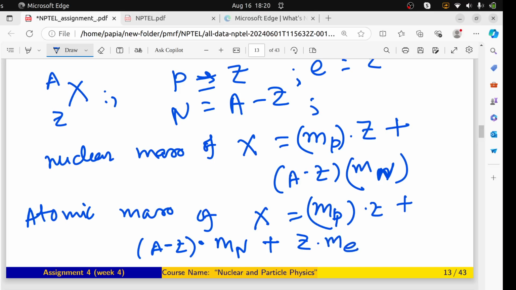Why? Because an atom consists of the nucleus as well as electrons. So if we talk about atomic mass, that means the nuclear mass plus the mass of the electrons present in that atom. So the atomic mass of X is nothing but the nuclear mass plus the mass of the electrons in that system.